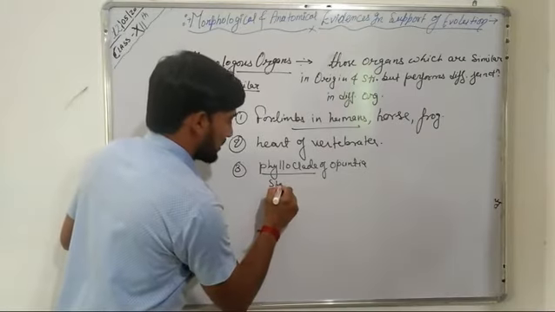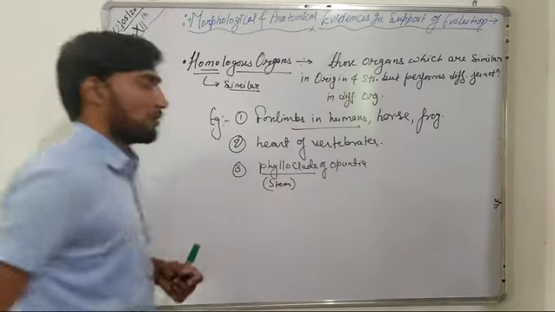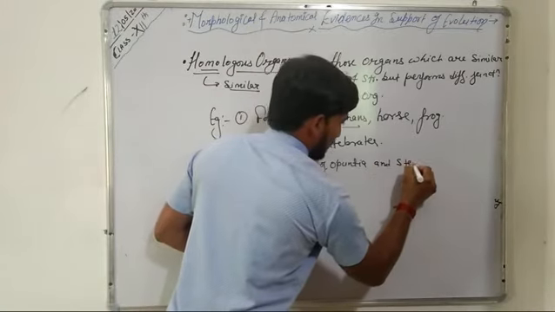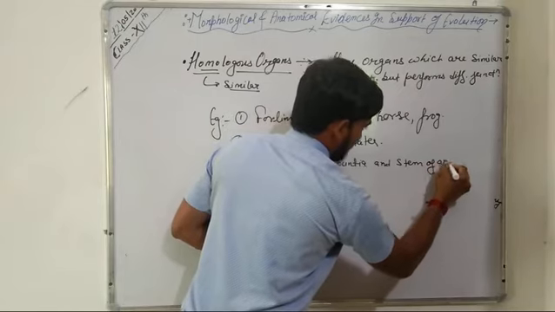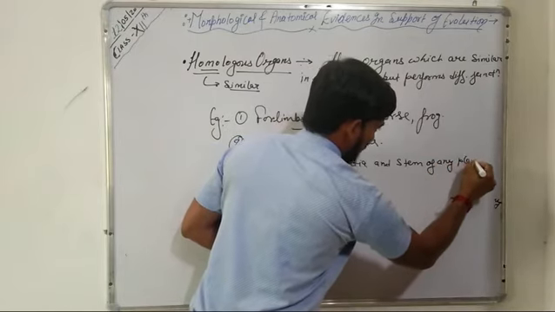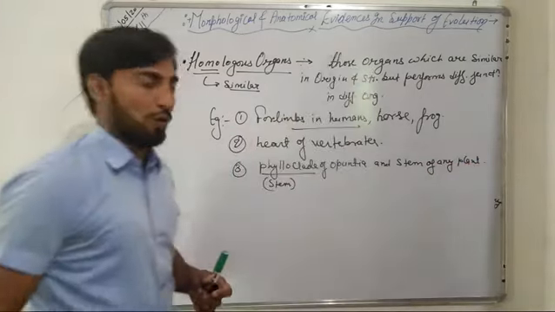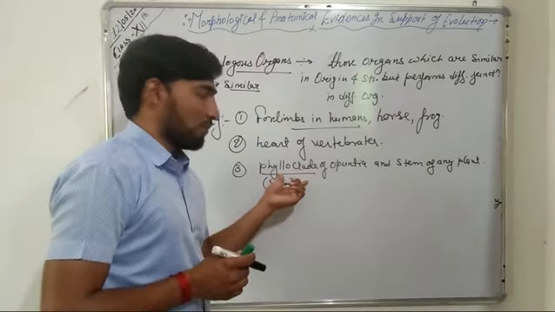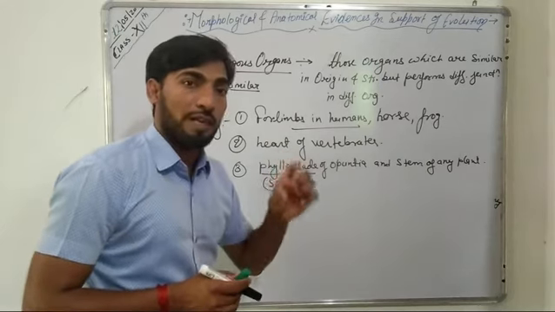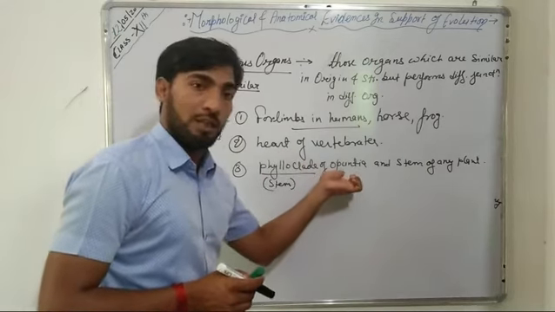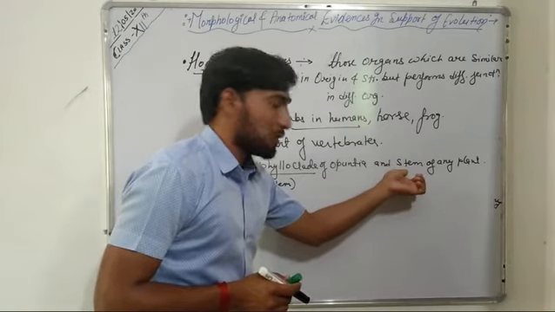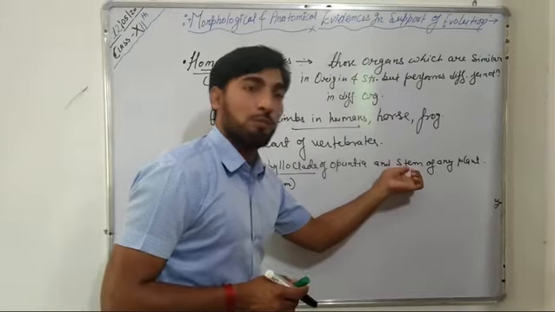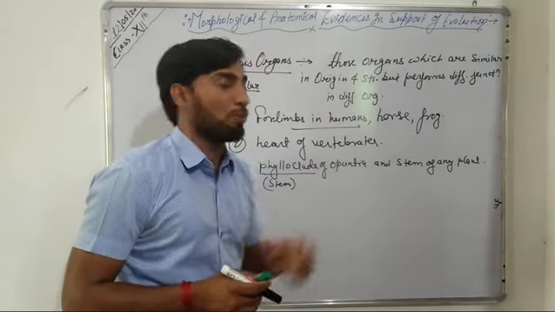So the phylloclade of Opuntia and the stem of any plant are also homologous organs, because the phylloclade is a stem, but its function is to carry out photosynthesis in Opuntia, while in other plants the stem is responsible for providing mechanical support to the plant.